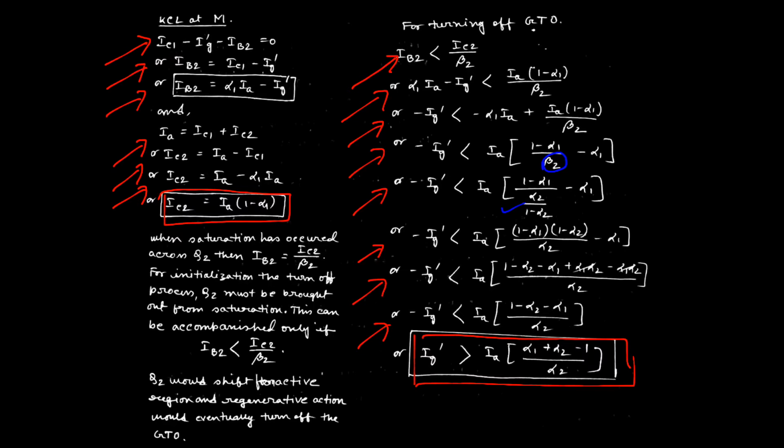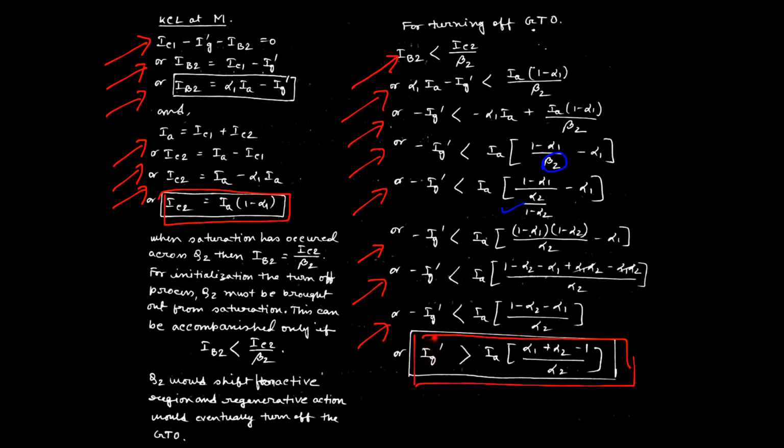So, from this equation, we can say IG dash must be greater than IA with some multiplication term that is defined by alpha 1 plus alpha 2 minus 1 by alpha 2.